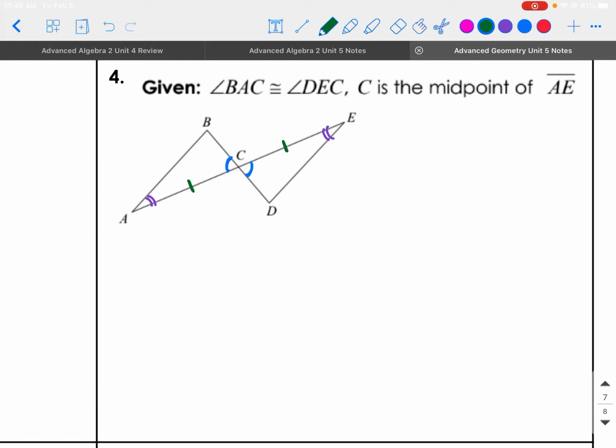So we have two angles and the side that runs between them. So angle, side, angle. And that means triangle ABC is congruent to triangle. Okay, I went purple, blank, blue. So purple, blank, blue on the other triangle would be EDC.